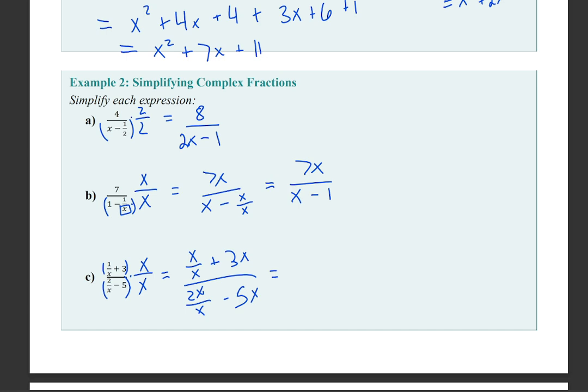So everybody gets an x essentially. But now we want to simplify our x's, and we have 1 plus 3x on top. And then 2x over x, well, those x's cancel, so we have 2 minus 5x. So you can see in each of these cases, we were able to reduce the fraction away, just to one fraction at least. This is as far as any of these can be simplified.